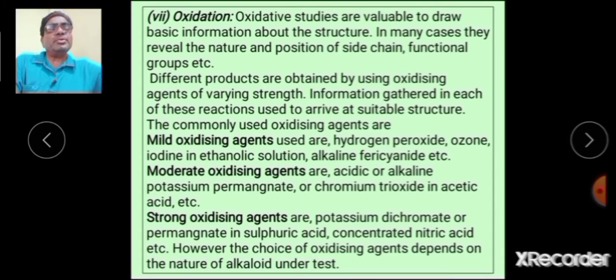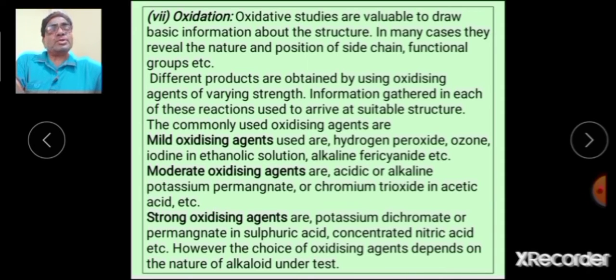The commonly used oxidizing agents for mild oxidation are hydrogen peroxide, ozone, iodine in ethanoic solution, or alkaline ferricyanide. For moderate oxidation, acidic or alkaline potassium permanganate or chromium trioxide in acetic acid are used.